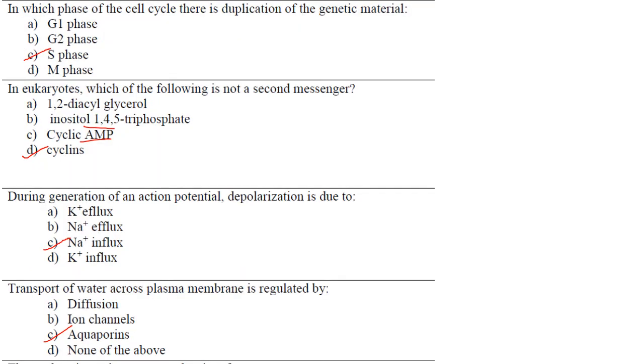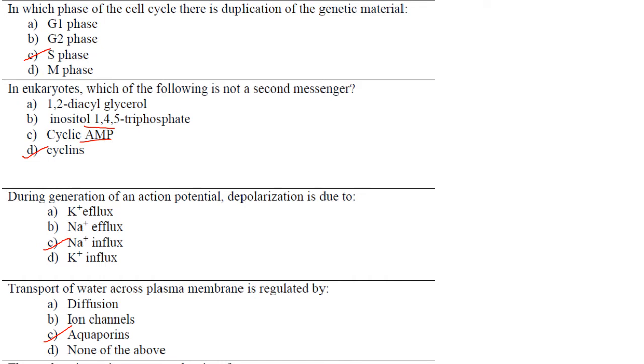Next one, in which phase of the cell cycle there is duplication of genetic material, that is DNA is getting replicated, that happens in the S phase. Answer is C. Then in eukaryotes, which one of the following is not a second messenger?